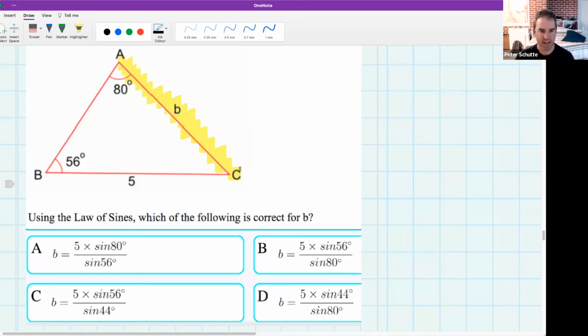So you can choose A, B, C, or D, and I'm looking for the little side B. You have to look carefully because they all look kind of similar. Which of these 4 options do you think is going to be the correct option here?